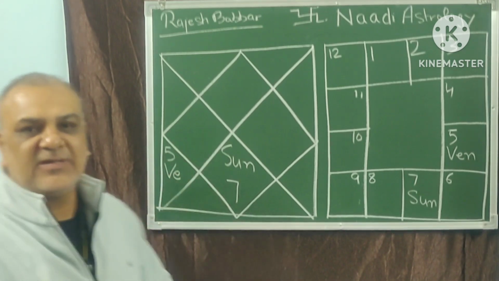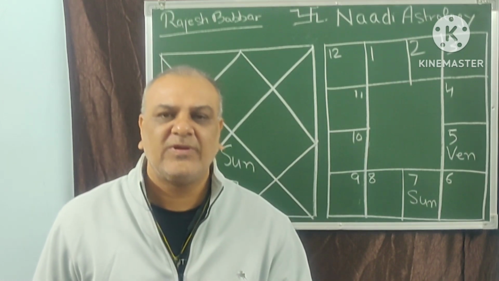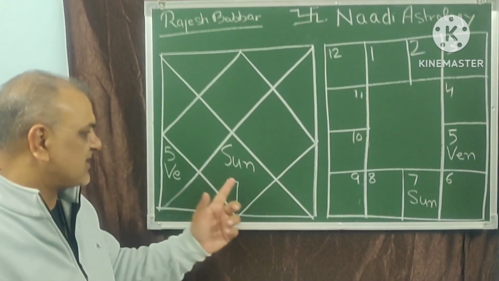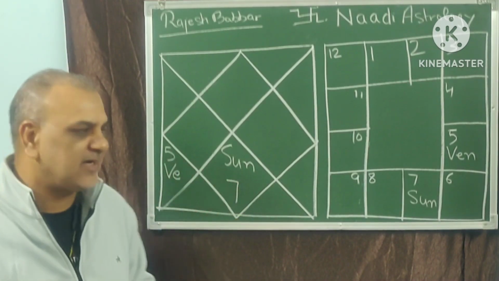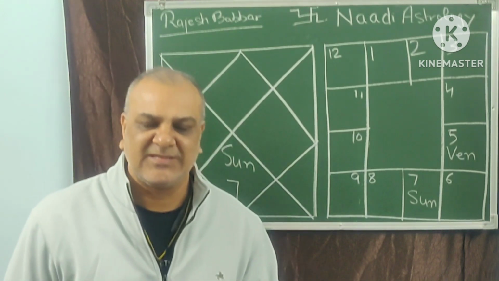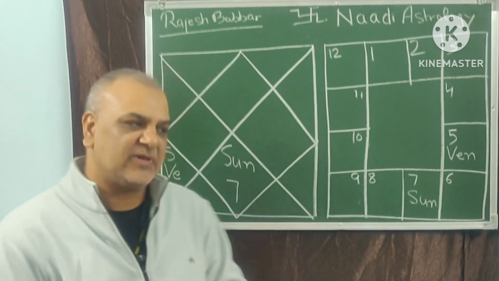You in my house, I in your house. So this is called the exchange of signs. The Sun is debilitated in Libra, but Venus, the lord of Libra, is placed in the sign of the Sun, Leo. So this is called Rashi Parivartana.